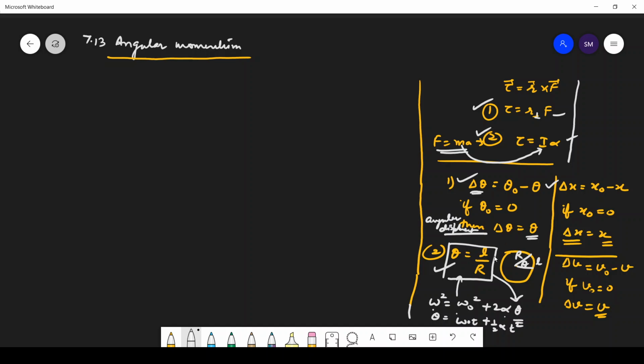Otherwise theta is equal to length of the arc divided by the radius, and that we can put in the formula omega square is equal to omega naught square plus 2 alpha theta, and we can find the theta with this formula also.